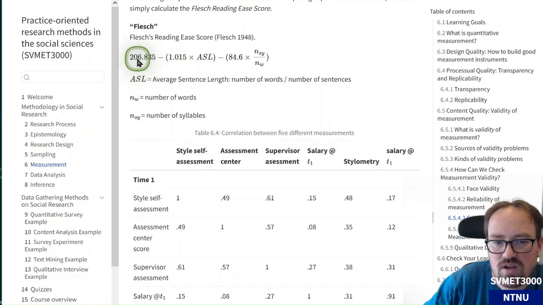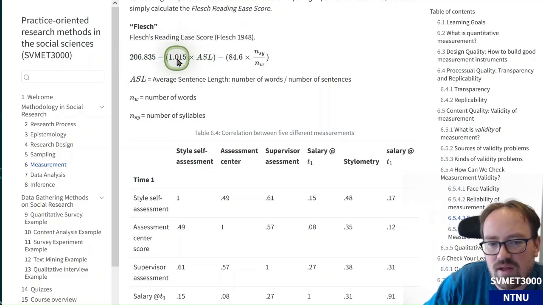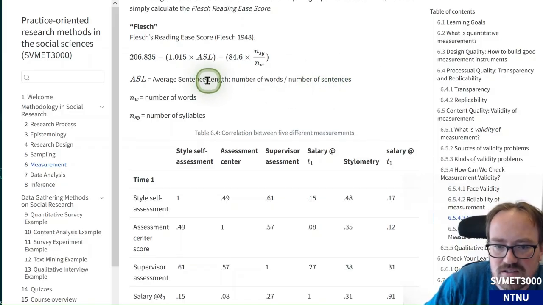for which this would be a typical score. So you have a fixed number of approximately 206.8, and from that you deduct a slightly weighted average sentence length. So the number of words divided by the number of sentences in the articles that a person writes, and subtract roughly 85 times the ratio of the number of syllables to the number of words.